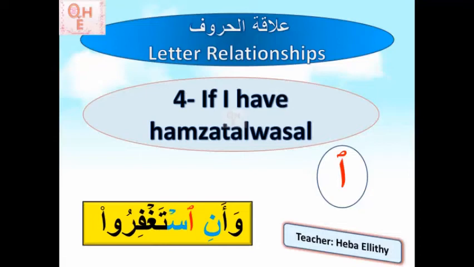So, وَأَنِسْتَغْفِرُوا. But if I start, it will be إِسْتَغْفِرُوا. So I pronounce it as a Hamza. That means I can't compare the letter before and the letter after. Can I compare any one of these letters with Hamzat al-Wasl? I still can't compare. Okay? So Hamzat al-Wasl is the fourth wall. It makes me unable to compare between the letters.